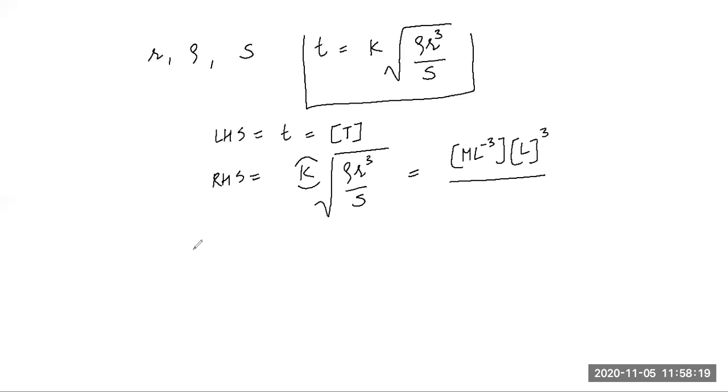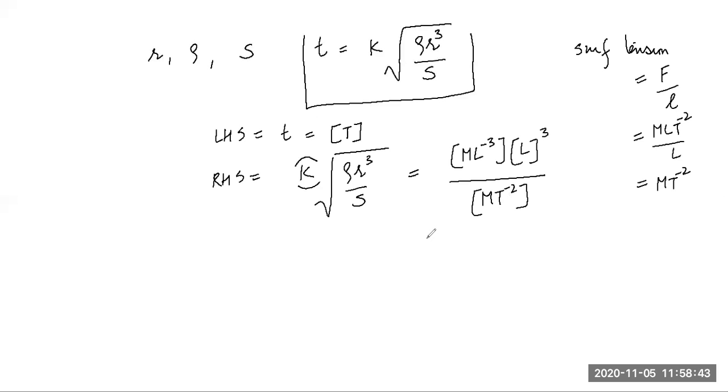Divided by surface tension. Surface tension, students, if you know, is equal to force by length. Force unit is MLT minus 2 divided by L, so it will be MT minus 2, right? Am I right, students?